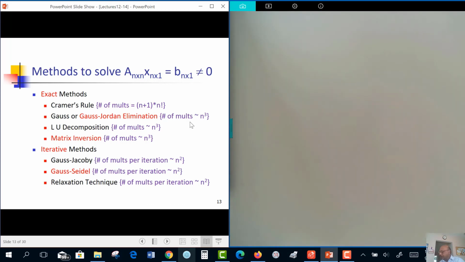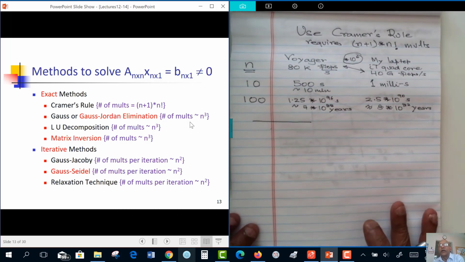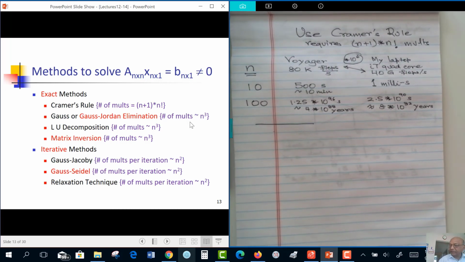But let's go back to how good these methods are. So I'm going to find the page where we looked at the time. So let's go back to this calculation we are doing.